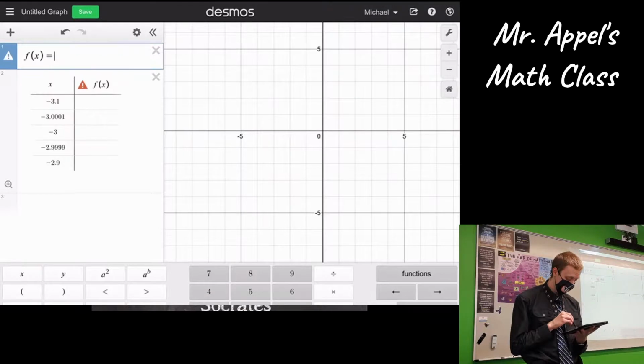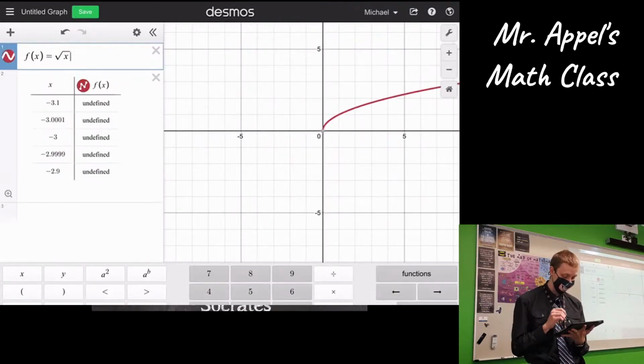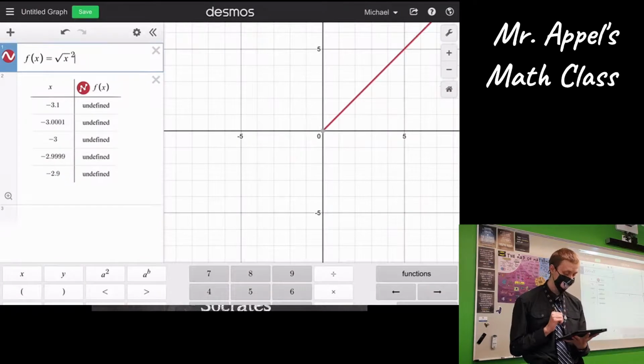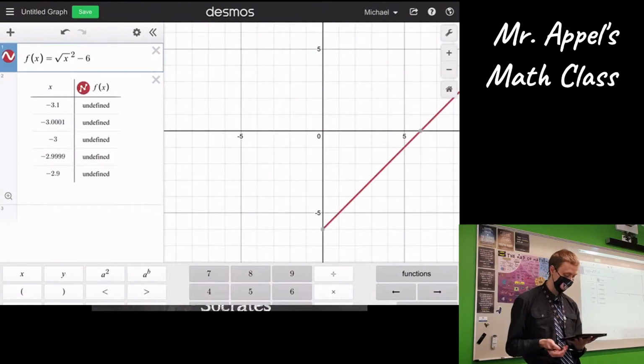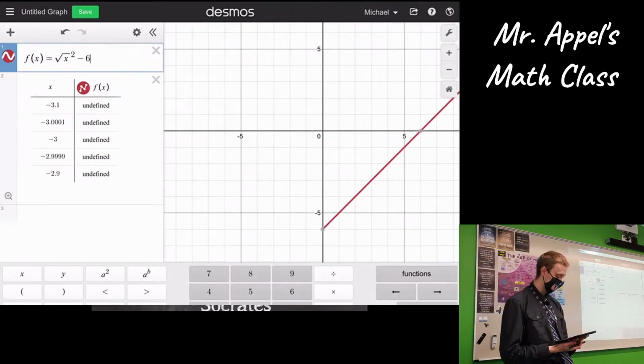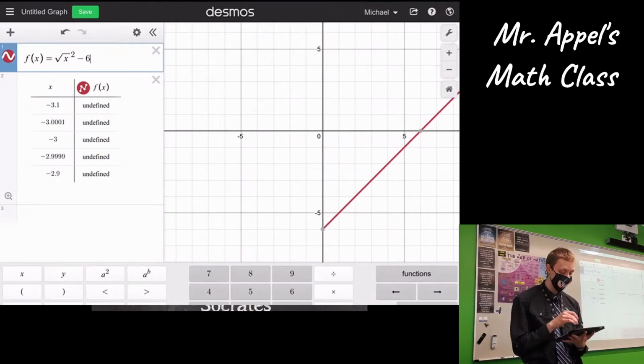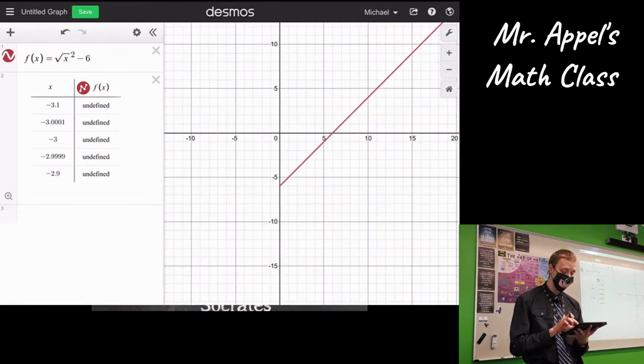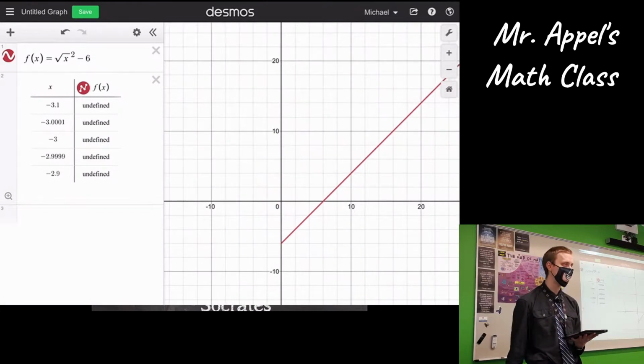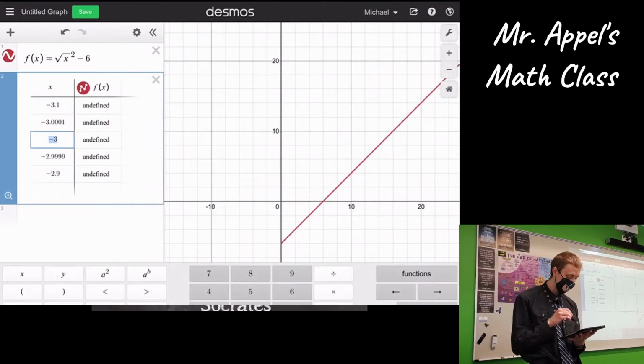New function: the square root of x, squared, minus 6. We still have all those negative numbers from last time. It's undefined because squaring the square root means everything is only allowed to be positive. And we want the limit approaching positive 3 now, right?